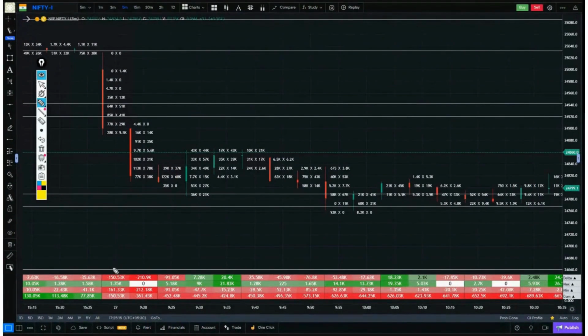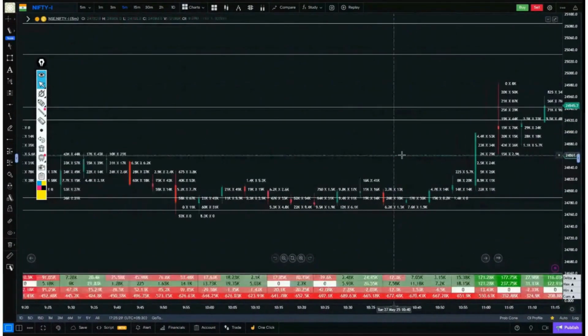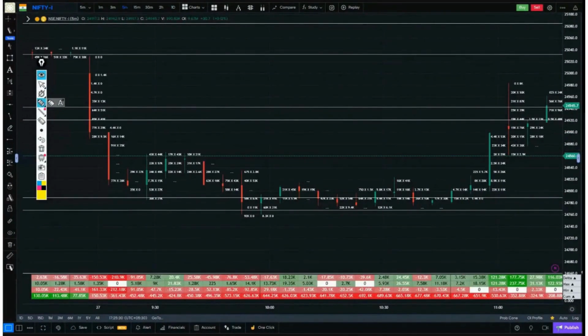Now look at the delta of this candle: 1.5 lakh, 2 lakh, 90,000. And then look at the delta of these candles: 1,21,000, 1,70,000, 1 lakh, 1 lakh, 1 lakh. And then look at these candles: only 7,000, only 20,000, only 10,000, only 12,000. It means there are some candles whose delta is very high.